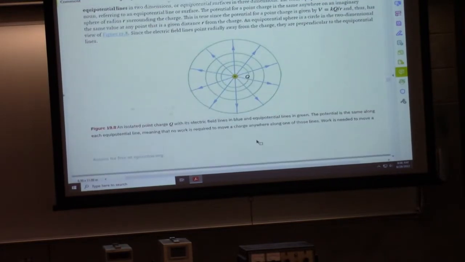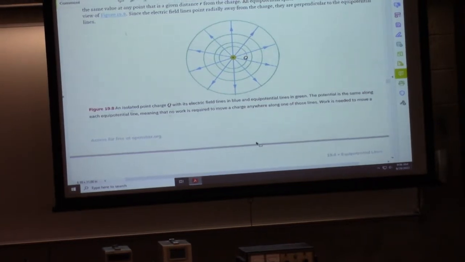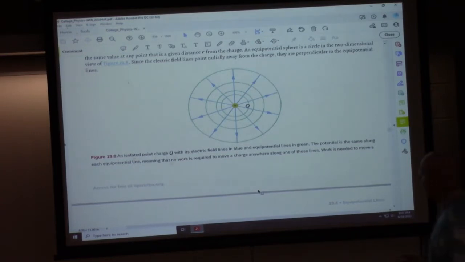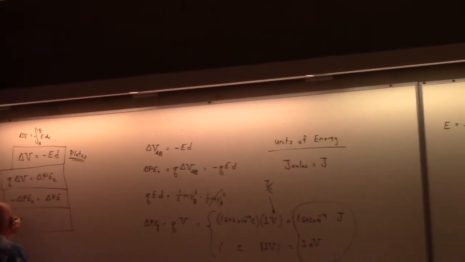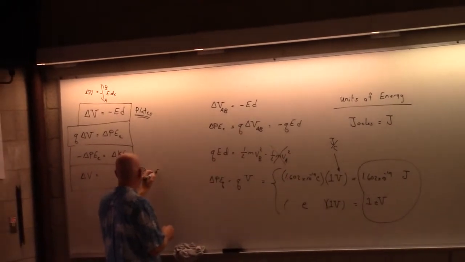Maybe I'll just show figure 8 here, because your author is saying, okay, here is a point charge. What would be the potential for a point charge? And so maybe I'll fill in this little box right here. What is the change in potential for a point charge?